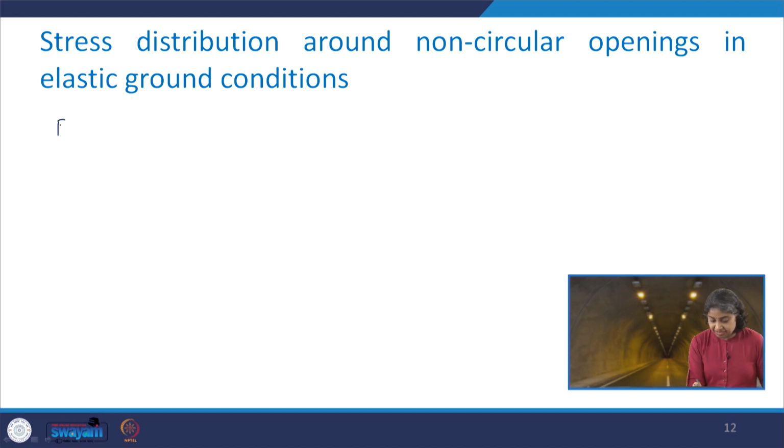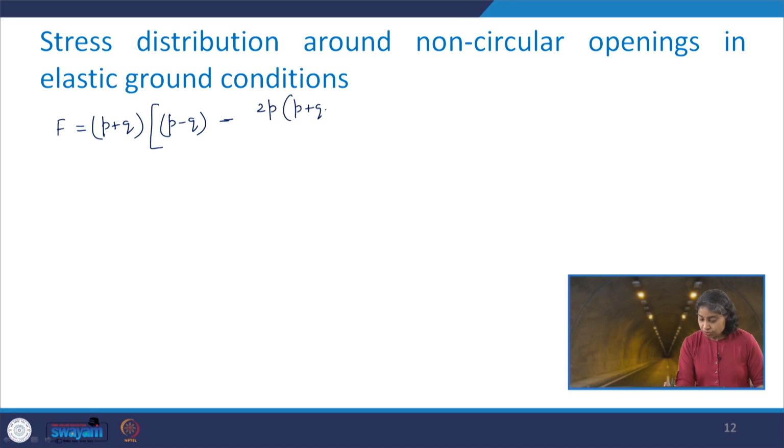F is given as P plus Q in bracket P minus Q minus 2P into P plus Q minus 6R divided by P plus Q minus 2R.